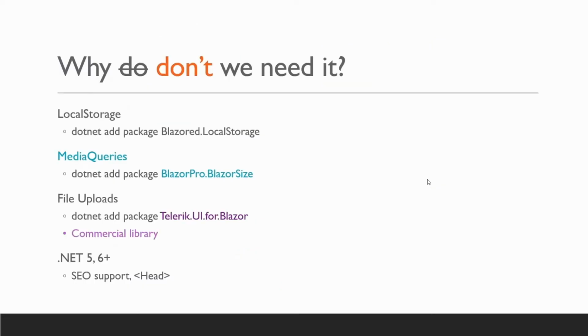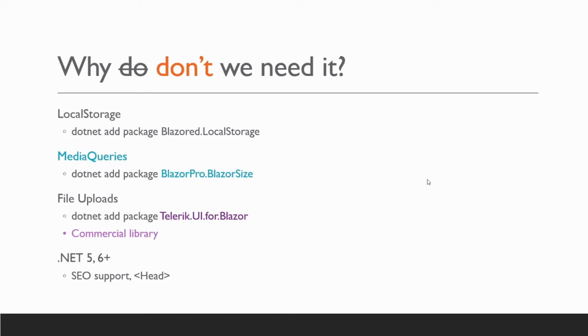I also want to talk about why we don't need it. There's reasons that we don't need to reach to JavaScript as soon as we find a limitation with Blazor. That's because people have already contributed to the Blazor ecosystem, and there's packages out there that take advantage of the JavaScript Interop and do things for you so you don't have to write the JavaScript yourself. Some great examples here are local storage.